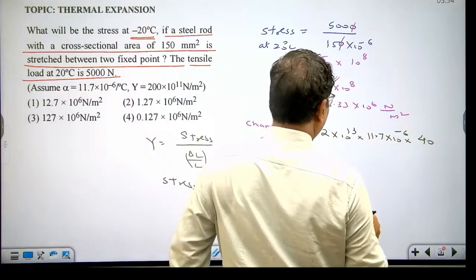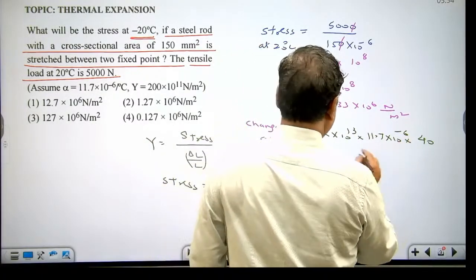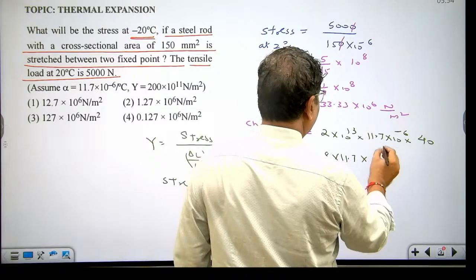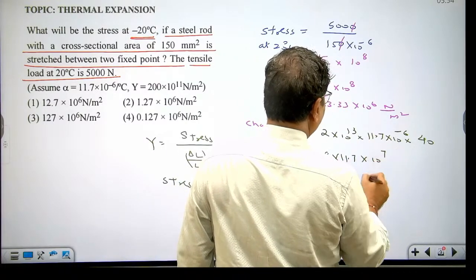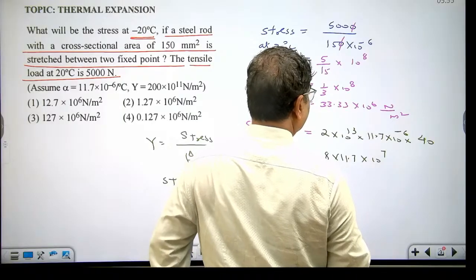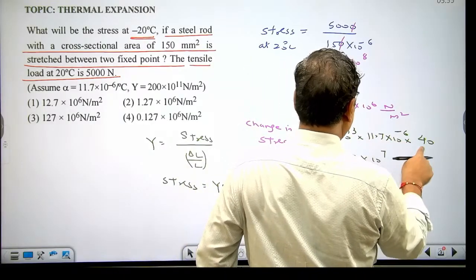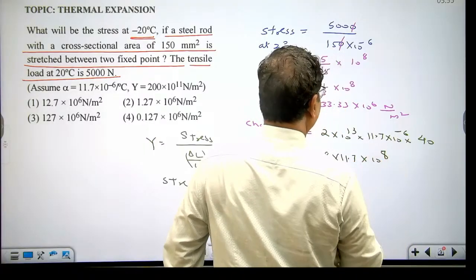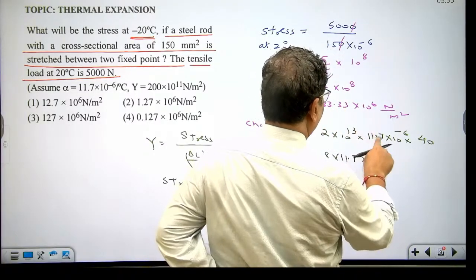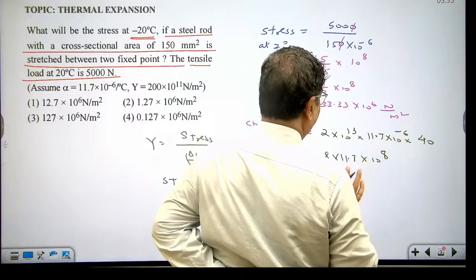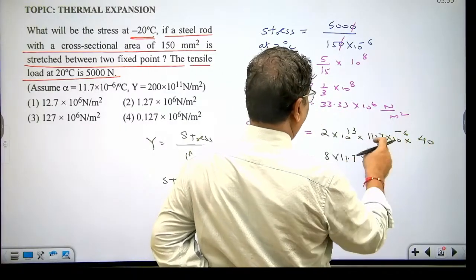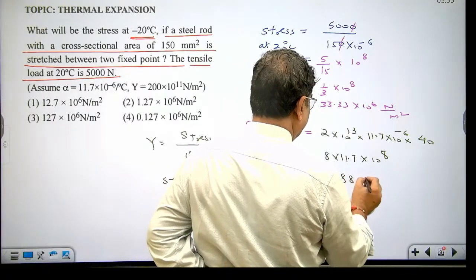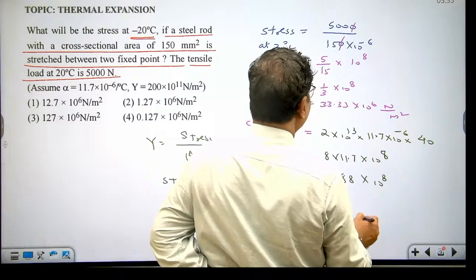So 2 into 4, 8, 8 into 11.7 into 10 power 13, 10 power 14, 10 power 8. After calculating this, you will get approximately 88 into 10 power 8.